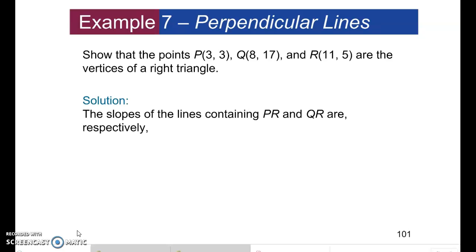So I checked first to see if the side PR and the side QR are perpendicular to one another. So I found the slope of PR by taking R's y-coordinate minus P's y-coordinate, 5 minus 3, over R's x-coordinate minus P's x-coordinate, 11 minus 3. And I get 2/8, which is 1/4.